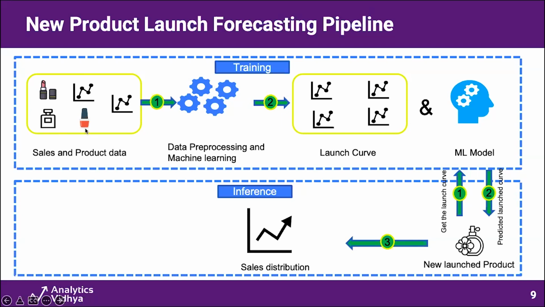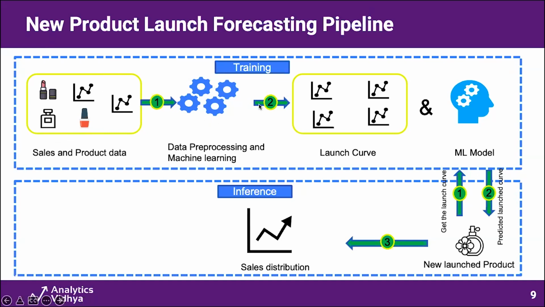When you get this particular data set, what we have seen in how to create a launch curve, you will perform pre-processing specific to this problem as well, and also on the machine learning side, the data sets should be converted in such a way that they are consumable by your machine learning model, right?